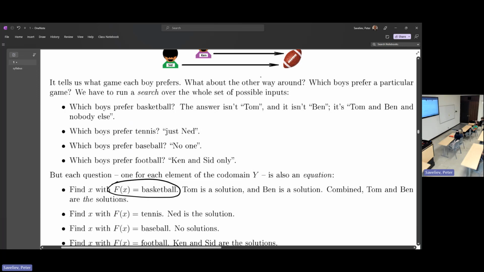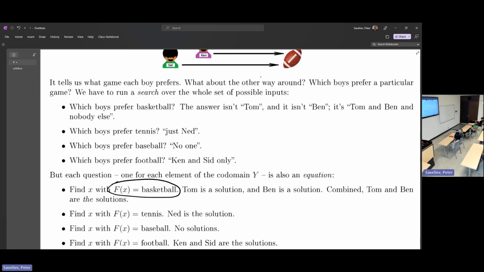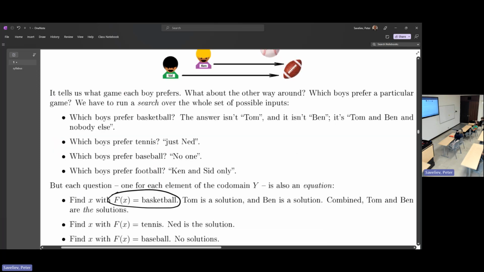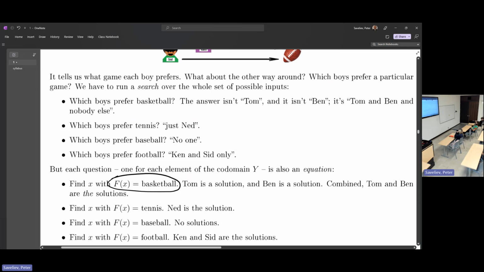That's an equation. You run through all of the x's in the input space and find all of them that will produce basketball as the output. And for each of the outputs, by the way, I can produce one equation, and it will produce a different answer.